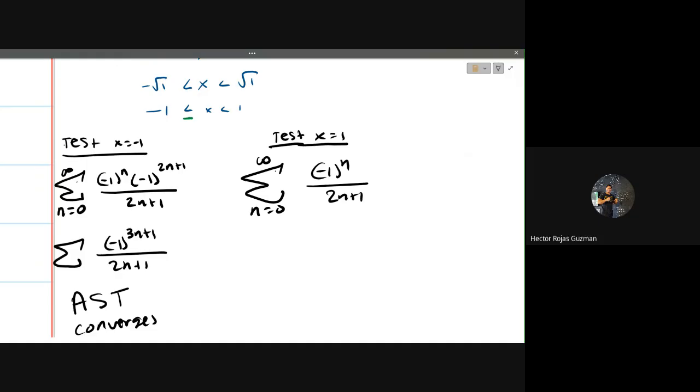Do you know if it converges or diverges? By which test? Same test. Converges. Alternating series test. So then that's our interval. -1 is less than or equal to x, which is less than or equal to 1. So that's the full 4 points.